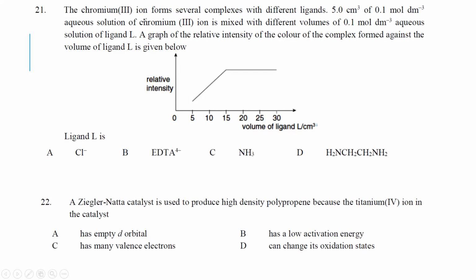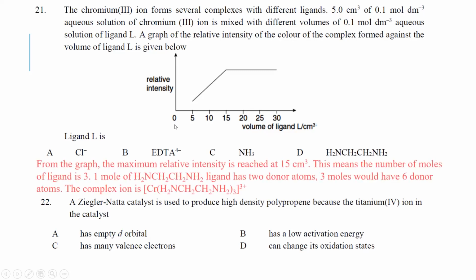So in here, you need to calculate the mole of the ligand. The mole of the complex ion, the mole of the chromium, you use MV over 1000, so it's 0.1 multiplied by 5 over 1000.